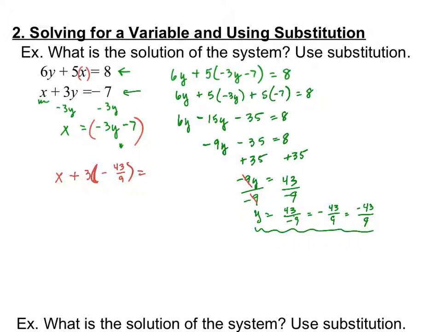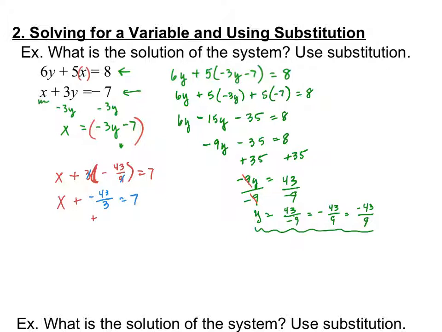I was looking at the wrong problem. Do some multiplication here, and I can even do some canceling before I do that, but x plus, 3 over 9 cancels out to 1/3, so that would be negative 43 over 3 equals 7.